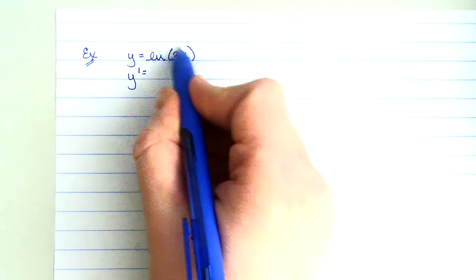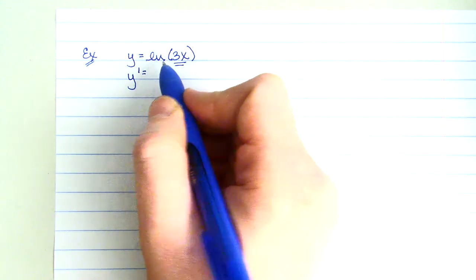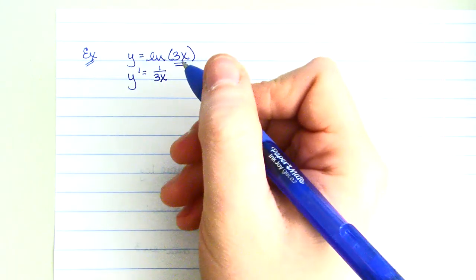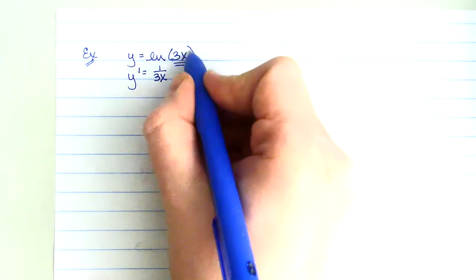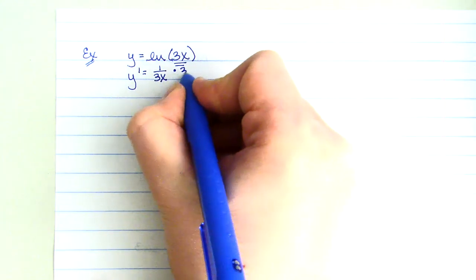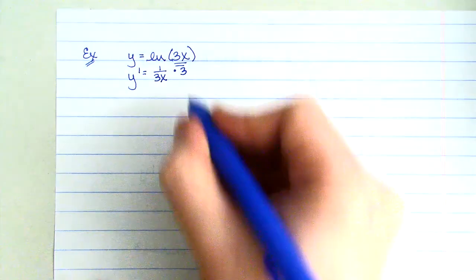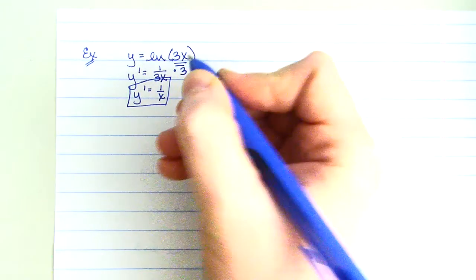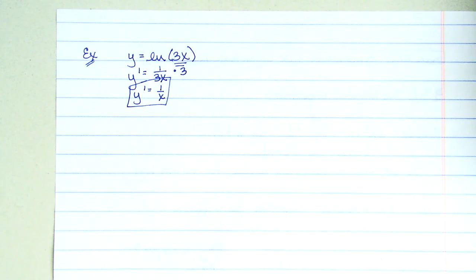The derivative of the natural log is 1 over the thing inside. So I'm going to say 1 over 3x. But by the chain rule, I now need to multiply by the derivative of the thing inside. I'm going to multiply this by 3. Oh, this is kind of interesting. My derivative is actually just 1 over x. Same as the derivative of the natural log of x.